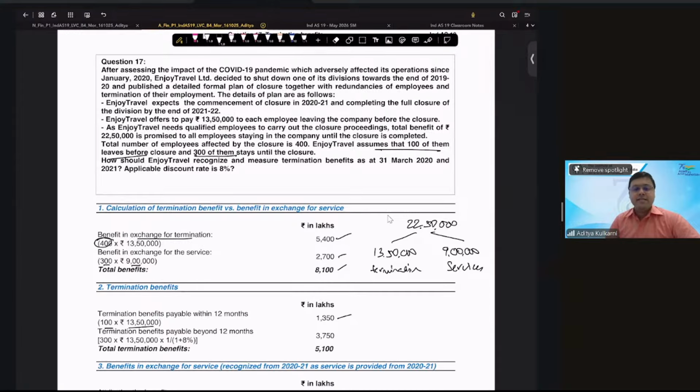They will be leaving in this year itself. So no discounting. The remaining 300 payment will happen end of next year. So I will have to do a discounting. Discount rate is 8%. So 300 into 13 lakh 50,000 divided by 1.08. 37.5 crores is your present value of termination benefit that will be paid later. Yes?